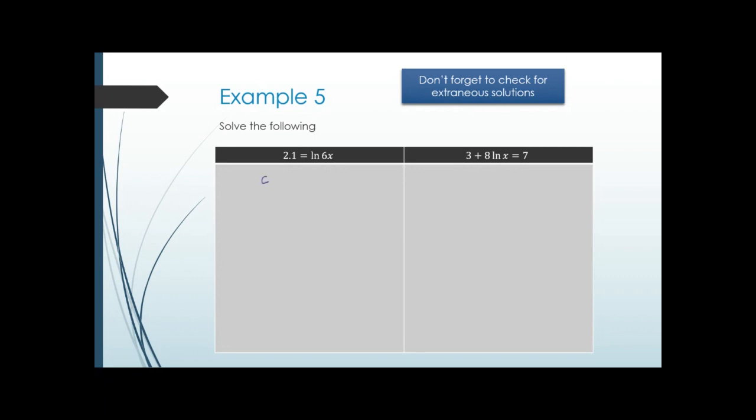So I'm going to have e to the 2.1 equals e to the natural log of 6x. Now e and natural log cancel, so that disappears and we are left with 6x on the right. So I have e to the 2.1 equals 6x.